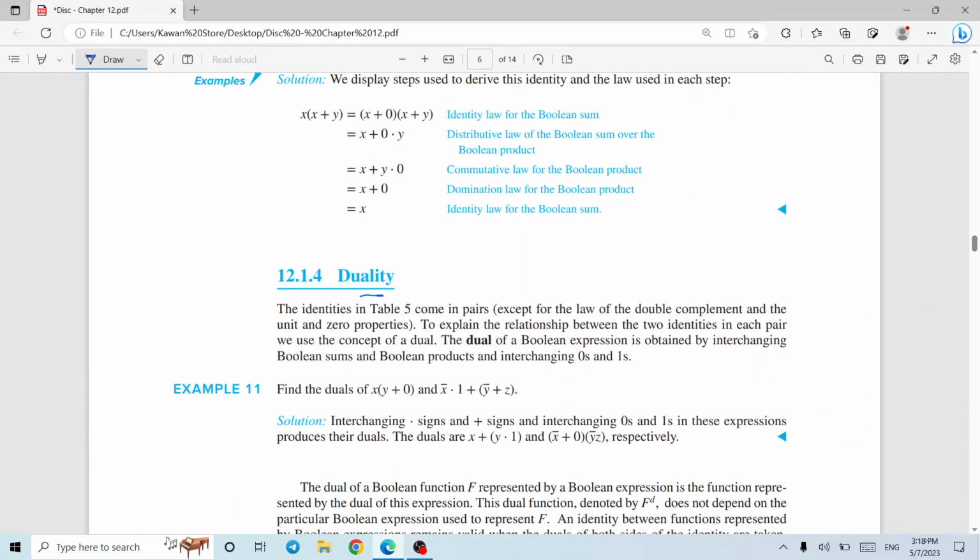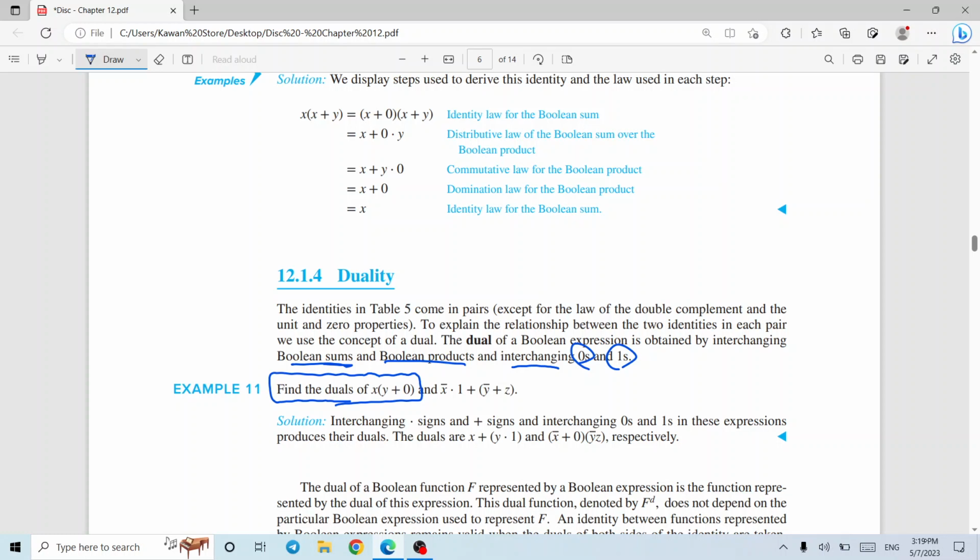What's the duality? What's a dual? For example, I say find the dual of this one. What do you mean by duality? The duality is what? I don't know actually, because in mathematics, duality means something else. But you can read from here: interchanging what by what? Sum and product, and interchanging 0 and 1. So you have 2 interchanges: sum to product or product to sum, and 0 to 1, 1 to 0.